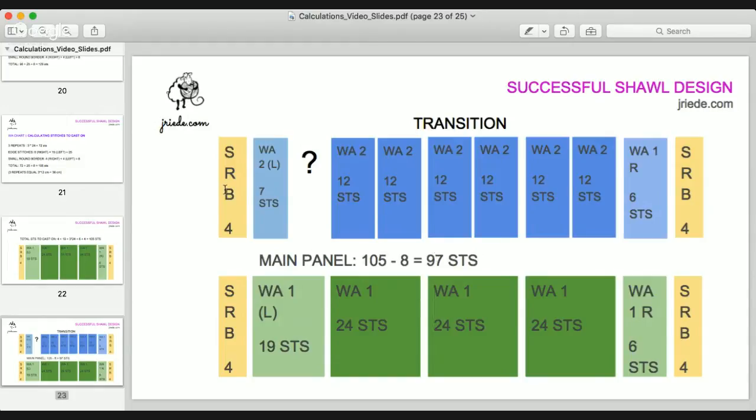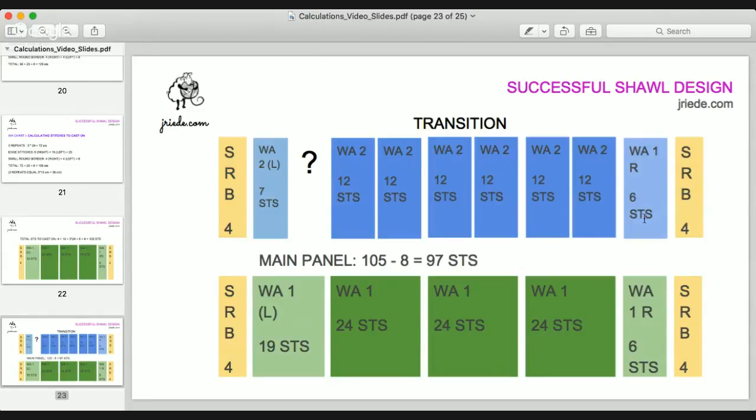As our small round borders do not change, we need 97 stitches in the second section to make our design work. So the question is now, how many repeats of our White Atlantic 2 chart can I fit into this part where this question mark is shown?